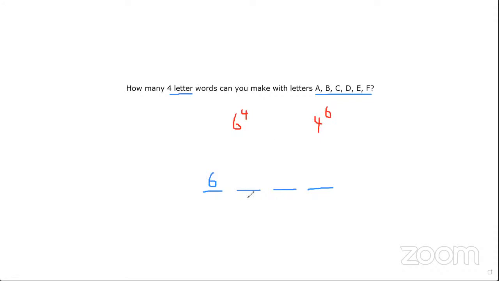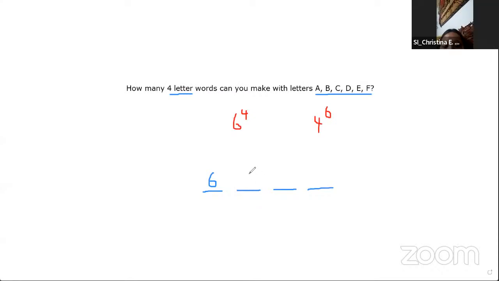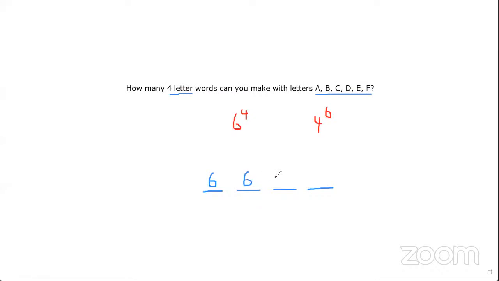The second place, how many possibilities? Also 6. The same way for the third one and the fourth one. Multiply them all, and you get 6 to the power 4.